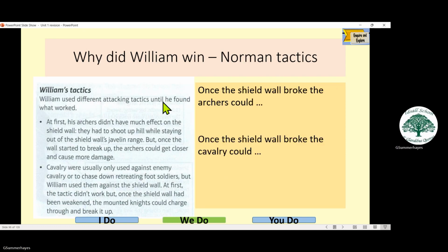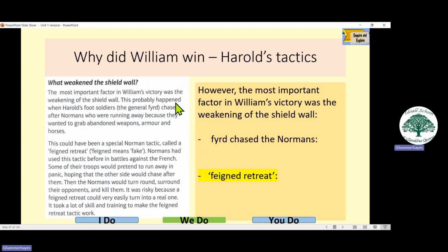William, though, changed his tactics. He changed them when he realised the archers didn't have much effect. He used his cavalry, but that wasn't working. So he came up with the famed retreat. He'd noticed that when the cavalry had been chasing up the hill, some of the thegns on the flanks, when the cavalry retreated, chased after them, leaving a hole.